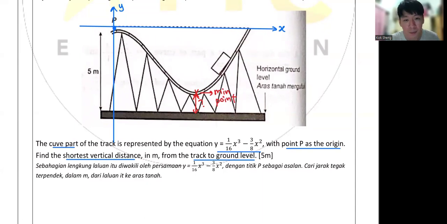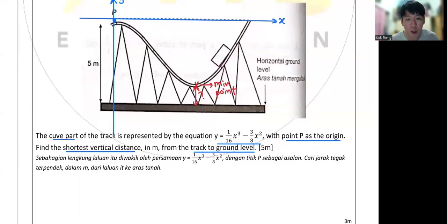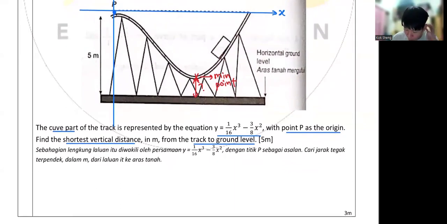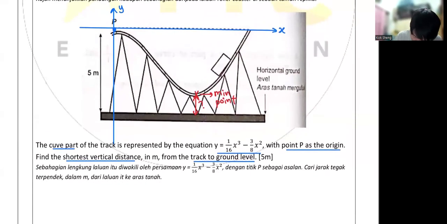This is a minimum point. So now you have to get the minimum point, and then from there, to calculate the distance, we need the y coordinate of the minimum point. So let's get the minimum point first. Minimum point, maximum point, everything is the same. I'll write the working here first.